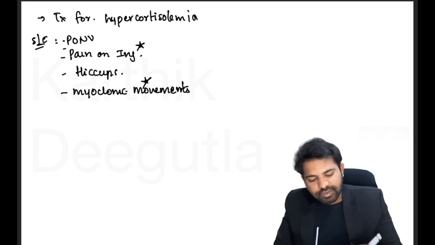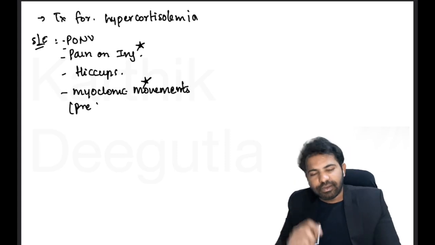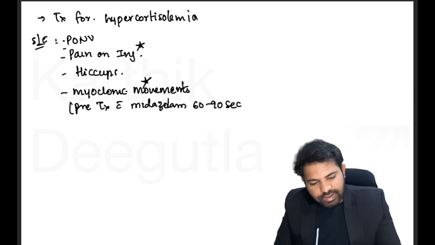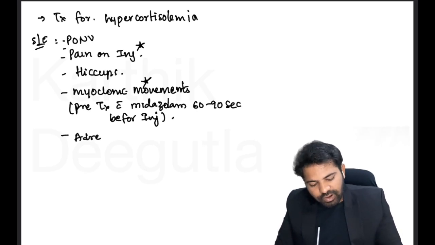Pain on injection is important, and myoclonic movements are very important. So you have to give pre-treatment with midazolam 60 to 90 seconds before injection. Then it causes adrenocortical suppression, which we have already seen.